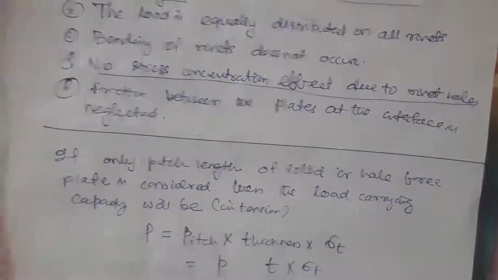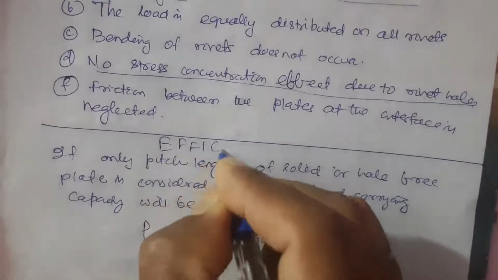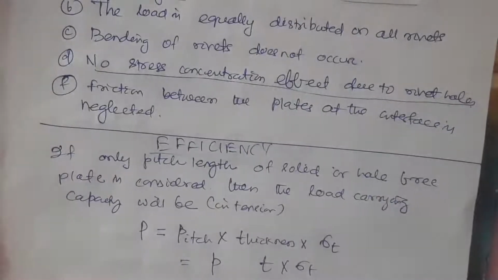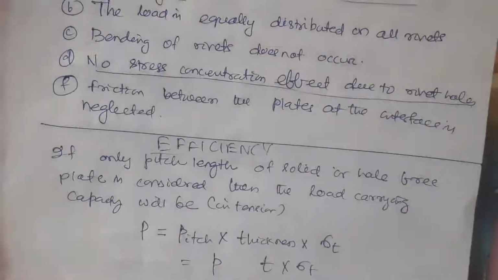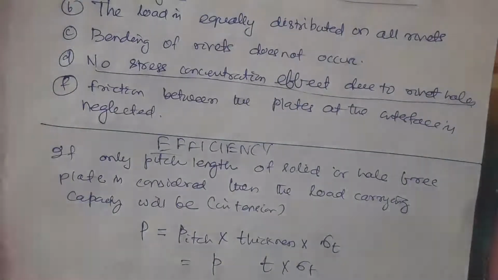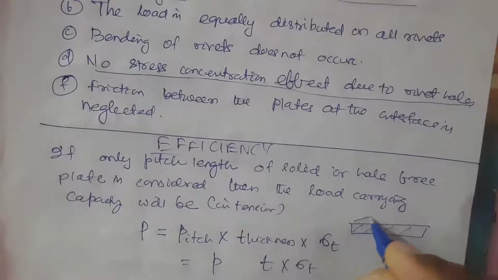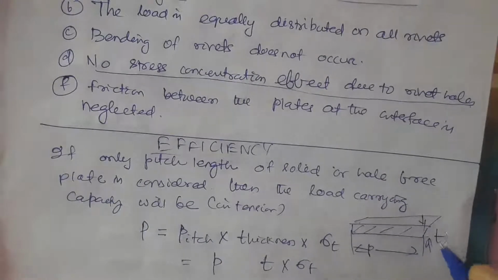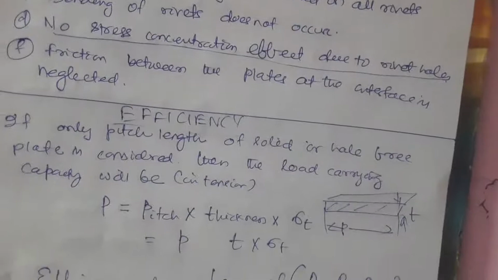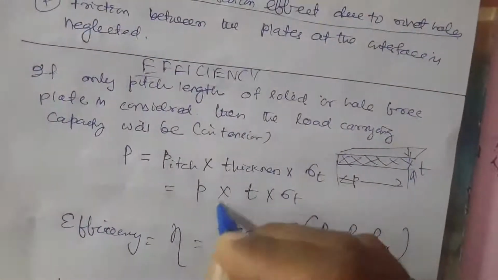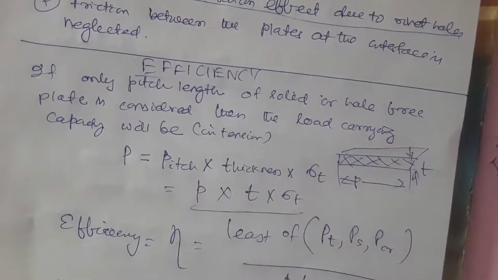And we talk about the efficiency. For the efficiency of the joint, if only the pitch length of the solid or hole-free plate is considered, then the load carrying capacity will be pitch into thickness into sigma t, where pitch into thickness is the area and sigma t is the tensile strength of the plate.